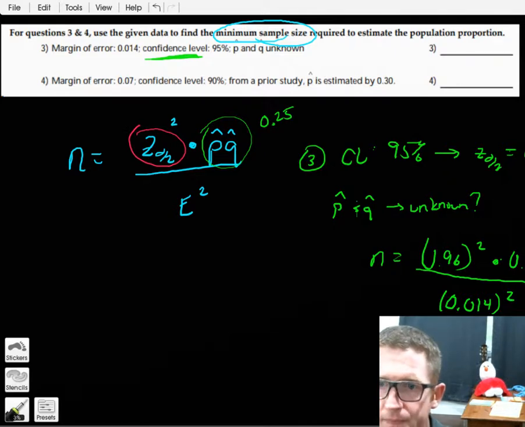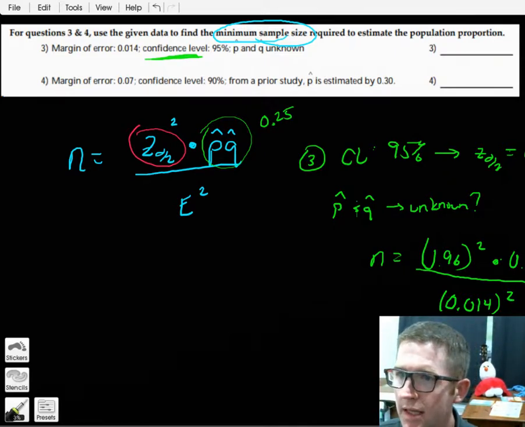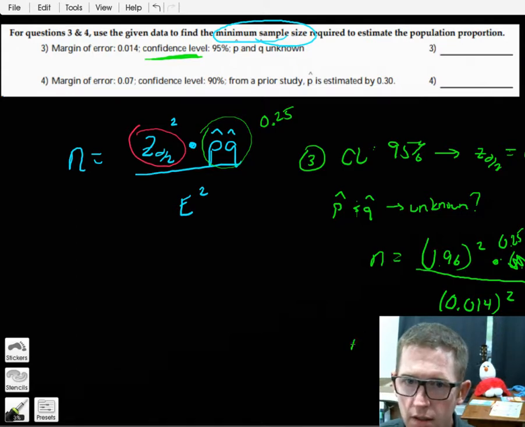Okay, so then I would put that in the calculator. I keep looking at the wrong place. Right here is 0.25. Sorry, I squeezed that off the monitor.